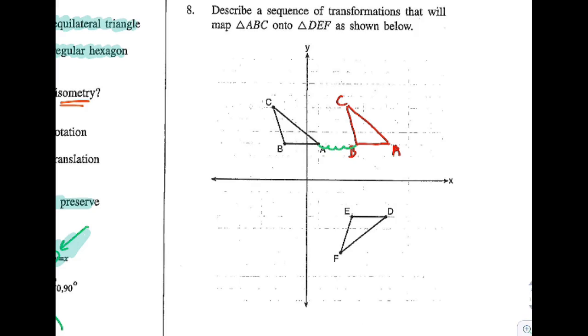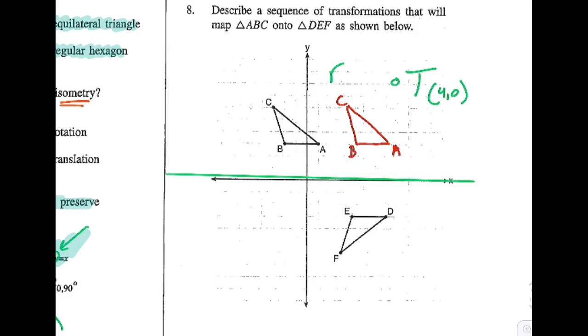You'll have to answer that on your own. I know your graph paper is much clearer than mine, but I'm assuming that that's 4, although it could be 3. I'm going to say it's a translation of 4, 0, and then a reflection over the x-axis.